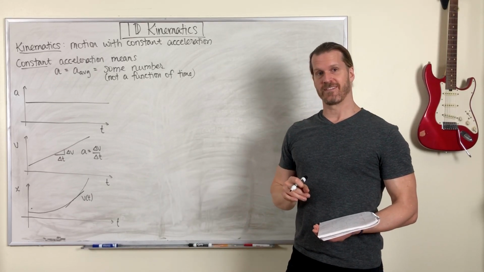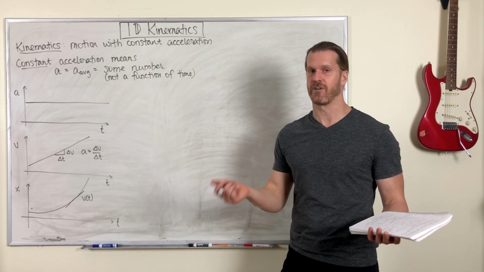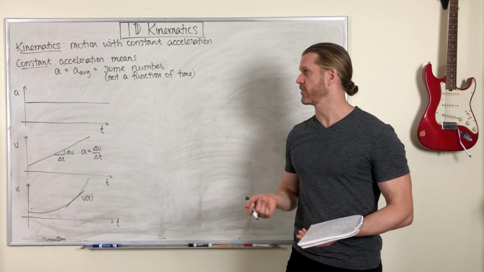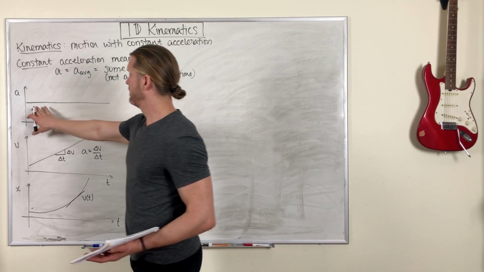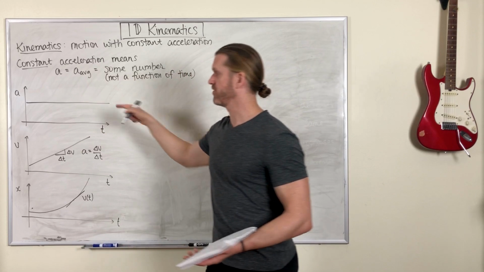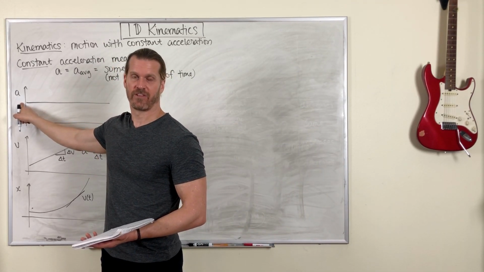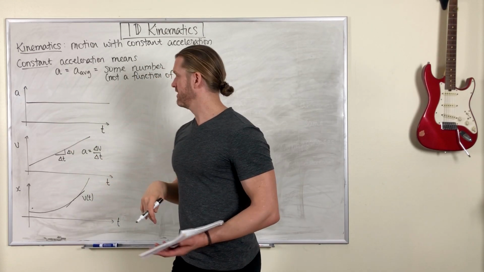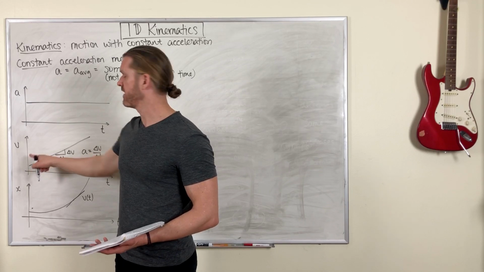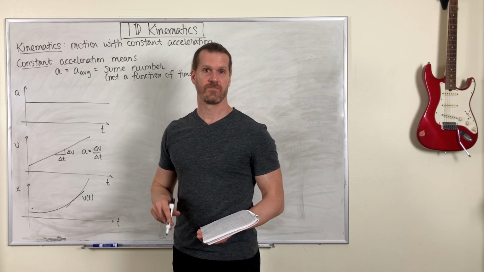So when this is the case, it's not generally the case in nature, but it's often the case in physics and engineering problems that we'll encounter, then a graph of acceleration versus time would just be a horizontal line where this value is your constant value of acceleration. And that means that velocity also looks like a straight line where the slope equals acceleration.